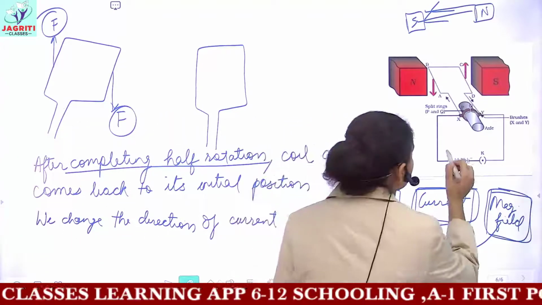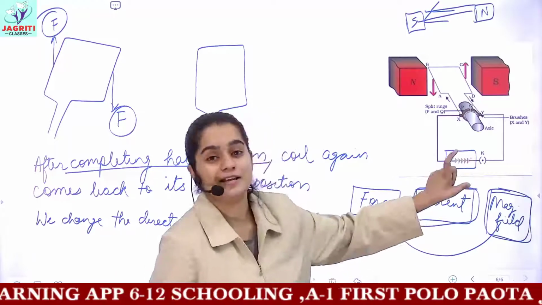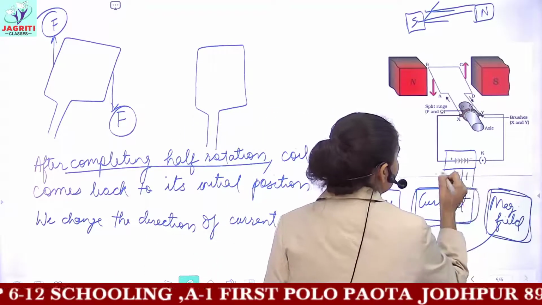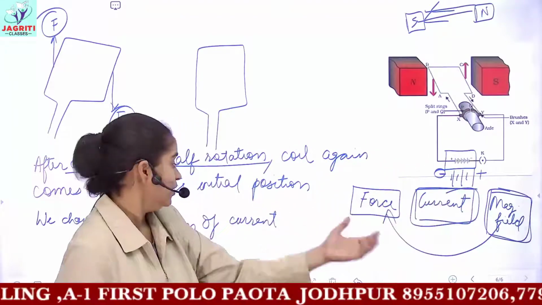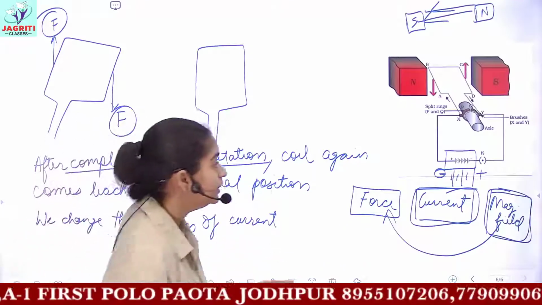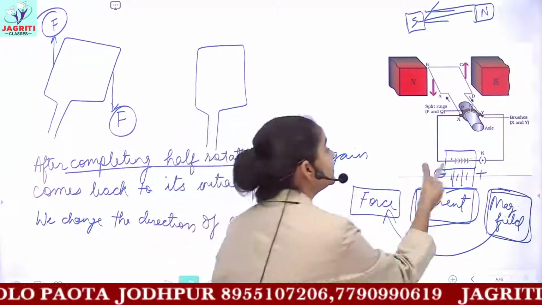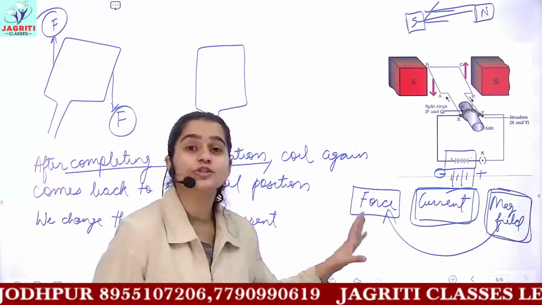For changing the direction of current, you have to change the direction of battery. That is, now the negative terminal of battery would be here and the positive terminal would be at the opposite side. So for changing the direction of current, we change the direction of terminals of battery, or we invert the battery. Once you invert the battery, the force also changes.